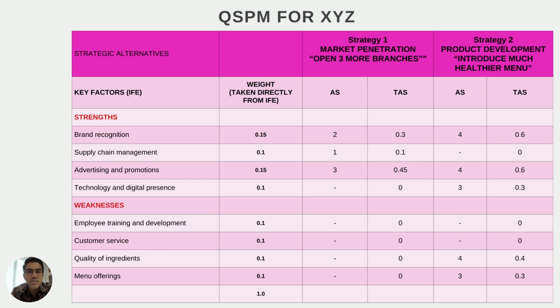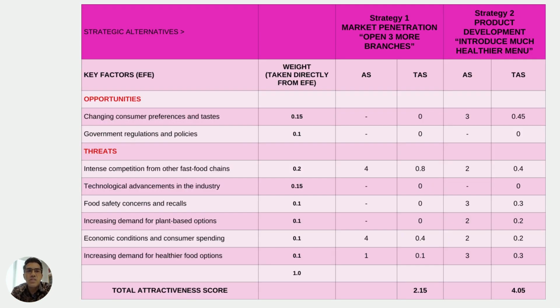And in the final step, you need to add all of these values, the total attractiveness score for each of these variables, inclusive of the strengths, weaknesses, opportunities, and threats. This is the score that we want to evaluate at the end of the QSPM process.